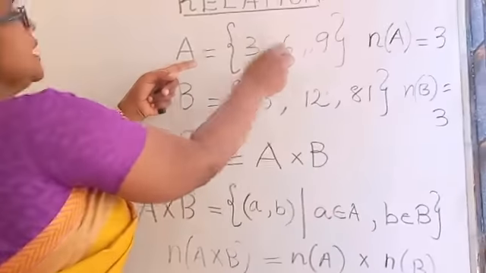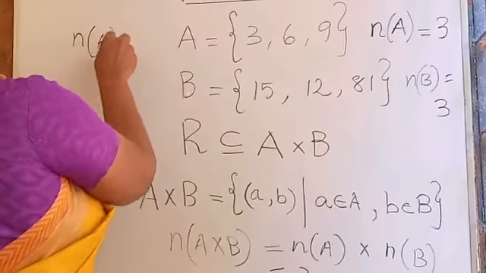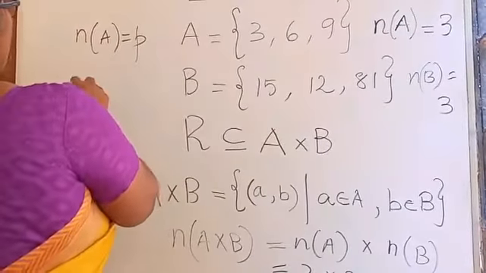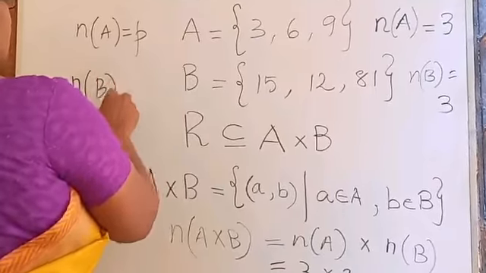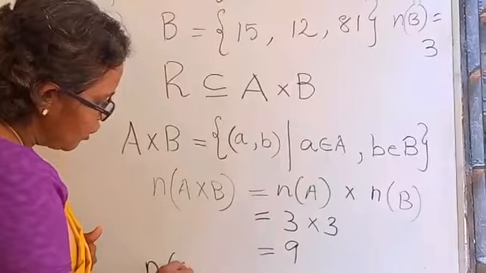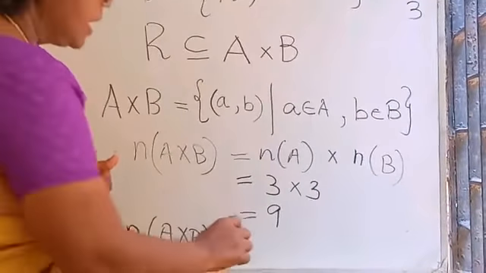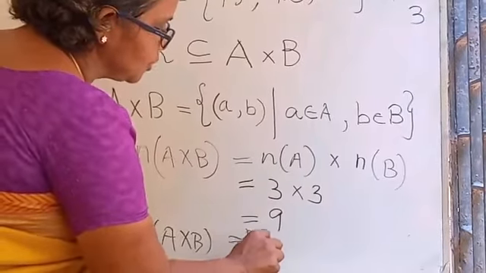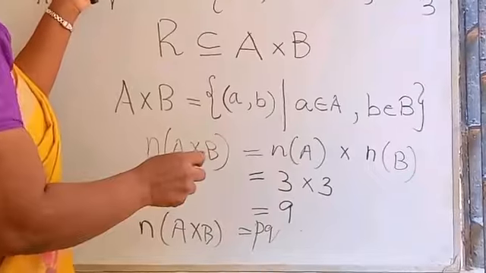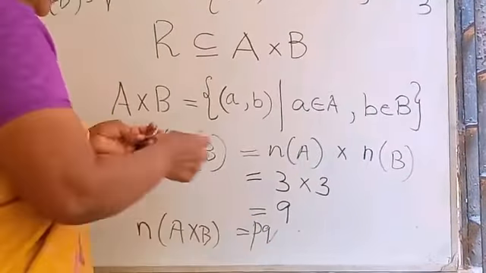Say, if set A has n(A) equal to P, that is, P number of elements, and set B has Q number of elements, then cardinal number of A cross B will be equal to P into Q, which is nothing but the cardinal number of A set and the cardinal number of B set.